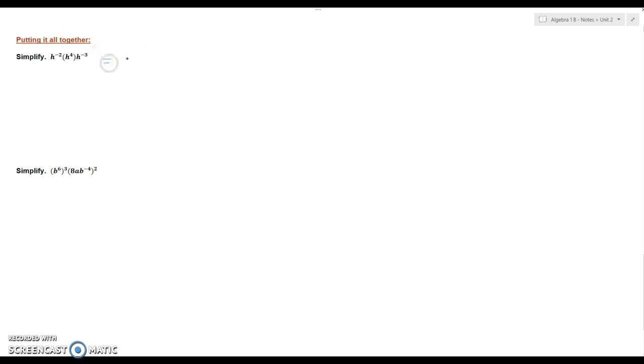So if we have h, we can say this is negative 2 plus 4 plus a negative 3. Because they are the same base, and they're all multiplied together, we can start by adding our exponents. So we end up with negative 2 plus 4 is positive 2, plus a negative 3 is negative 1. So the base stays the same, and our exponent becomes negative 1.